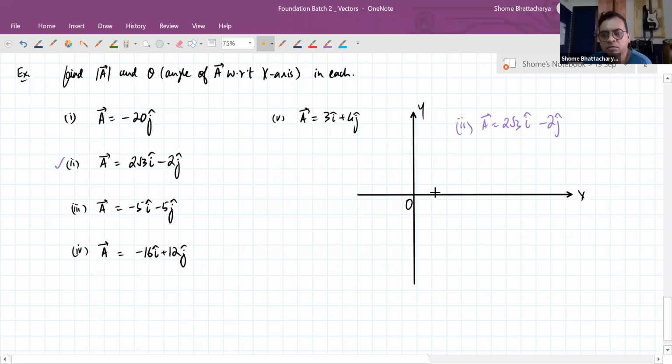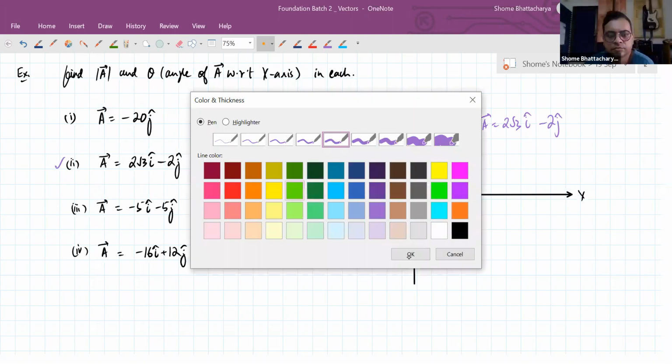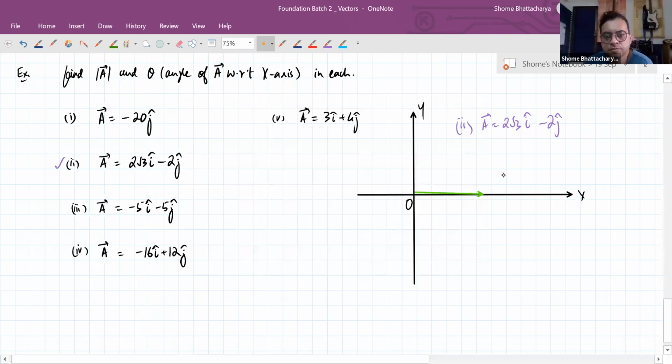X component is positive, 2 root 3. So the vector itself will be like this.